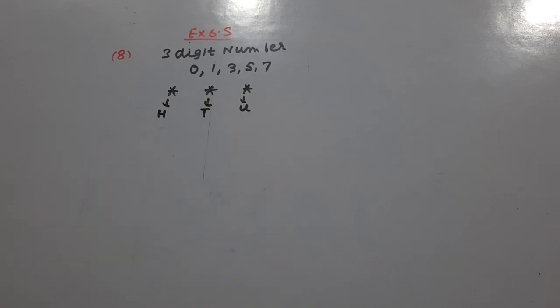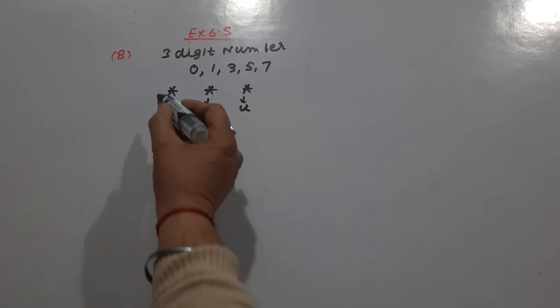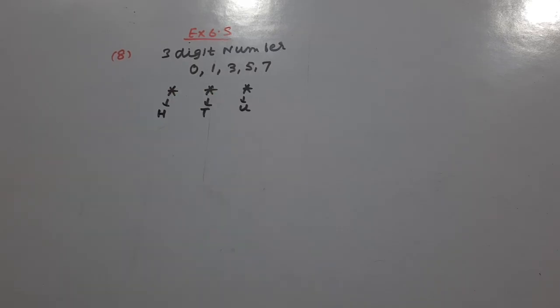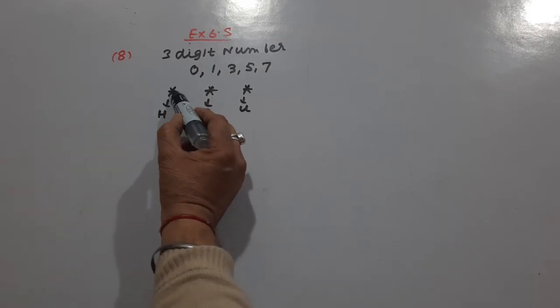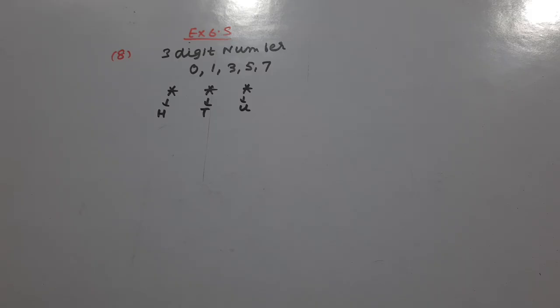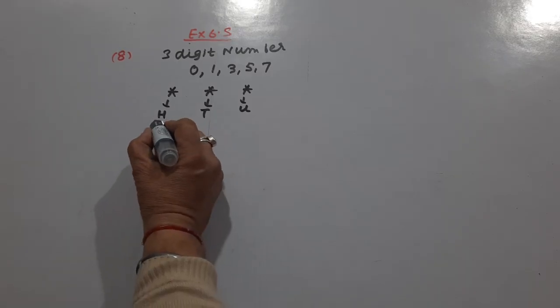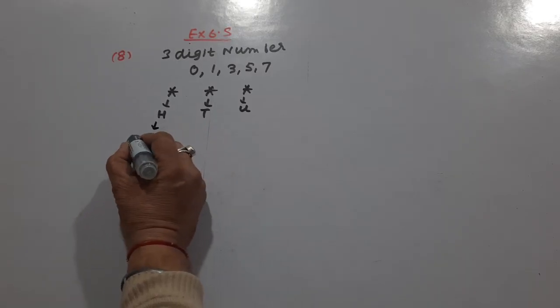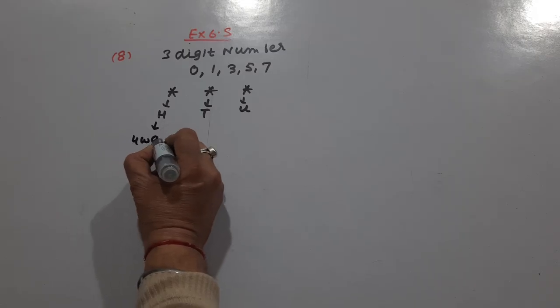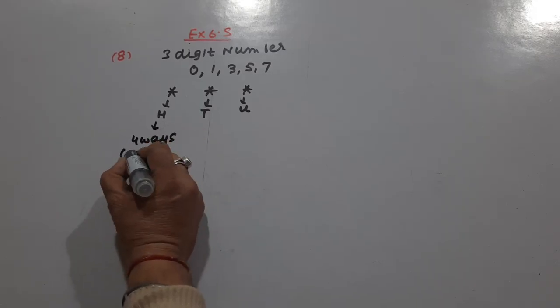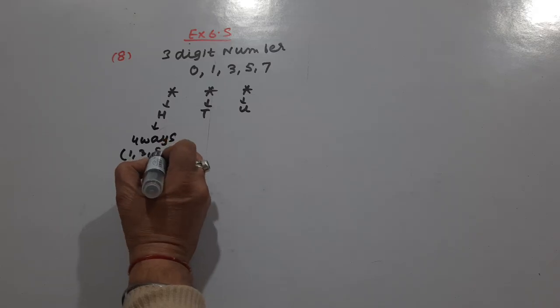Now students, 100 place cannot be filled up by 0, because if 100 place is filled up by 0, then it becomes 2 digit number. So 100 place can be filled up in 4 ways, either by 1, 3, 5 or 7, not by 0.